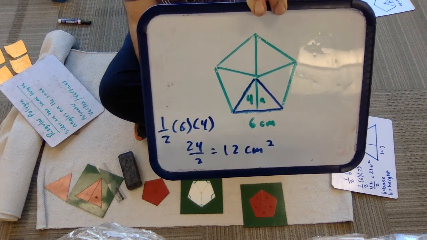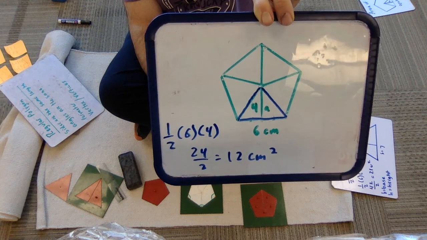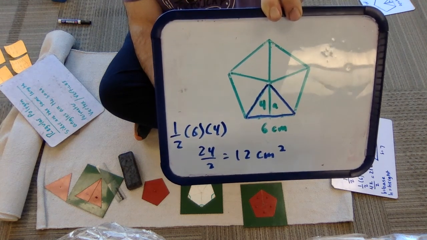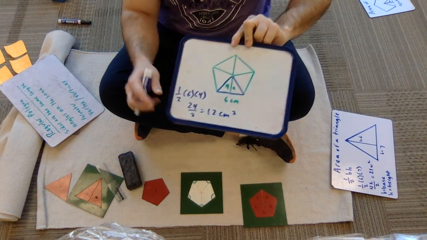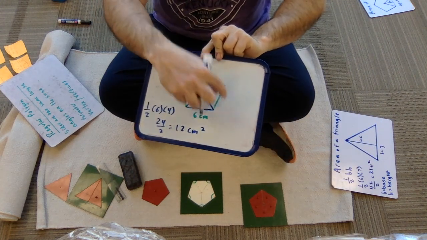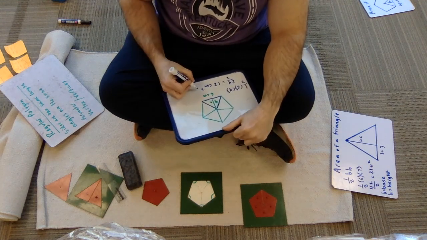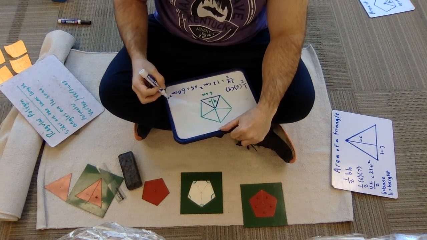Now, what do I do to find the area of the entire pentagon? Well, what do you think? Don't we just multiply it by 5? Yeah, because that's how many sides there are. There are 1, 2, 3, 4, 5 sides to this polygon. So, times 5 equals 60 centimeters squared.